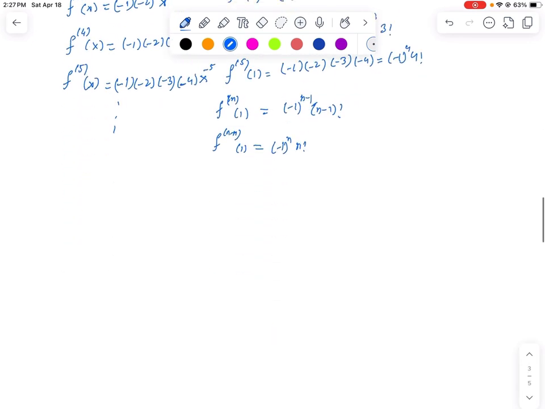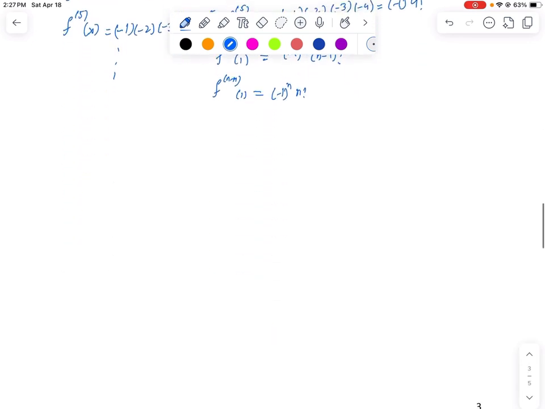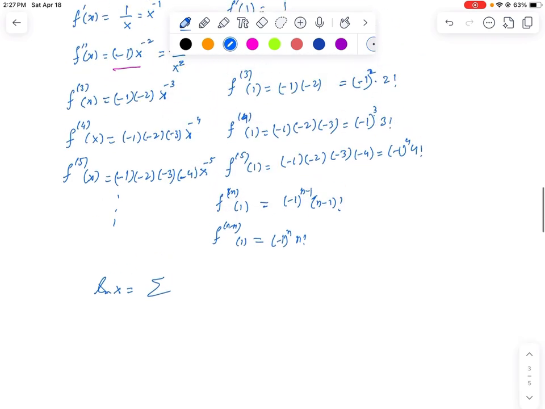For that, in the summation notation, ln of x, we will have a negative 1 raised to the power. Again, it depends on which value you want to write.